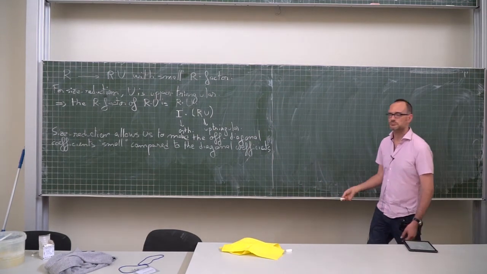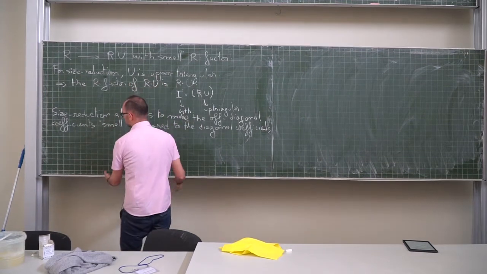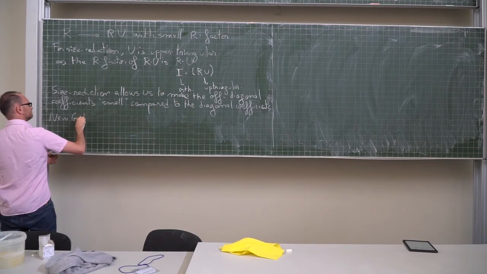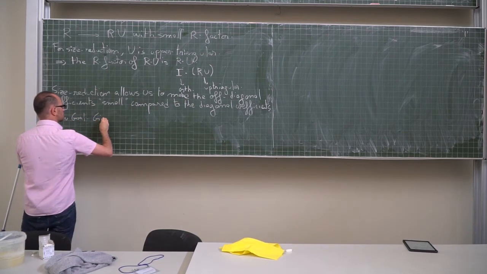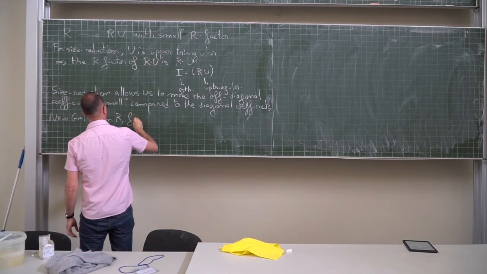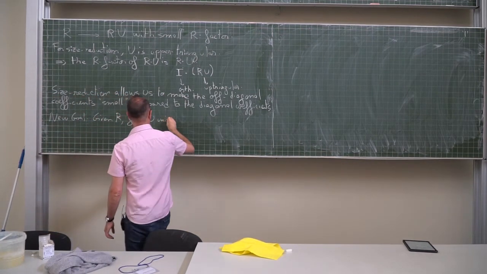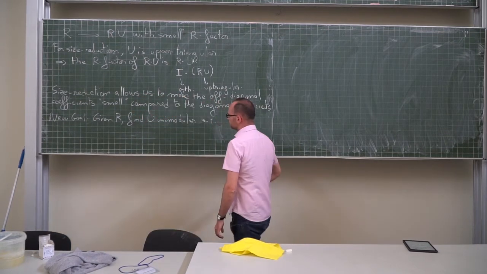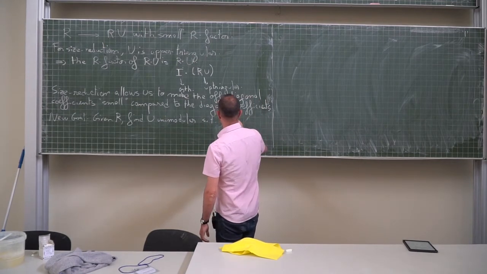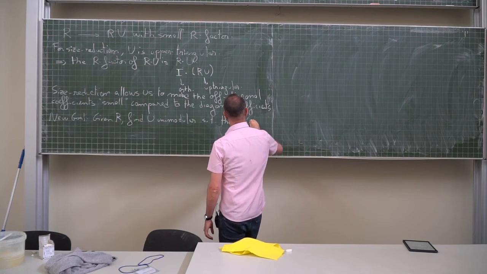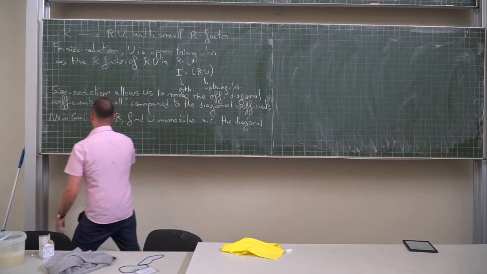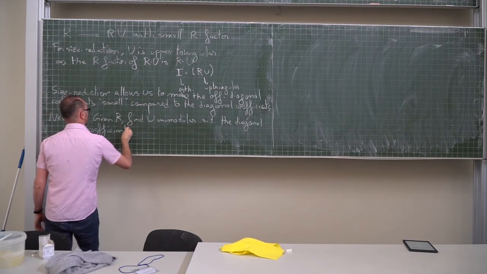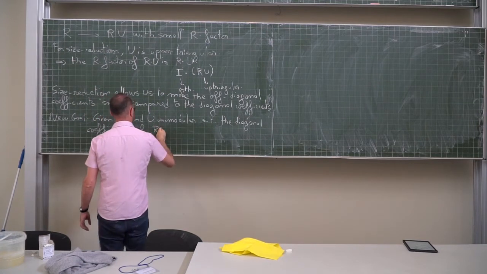Okay, so I have a new goal. Given R, find U, unimodular, such that the diagonal coefficients of RU are small.